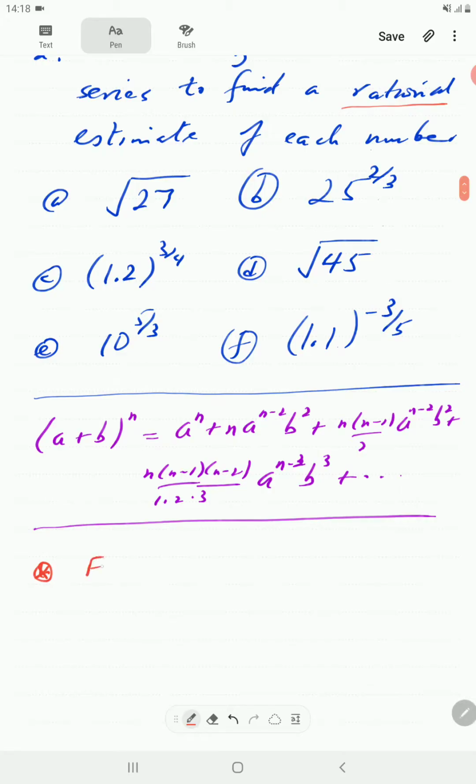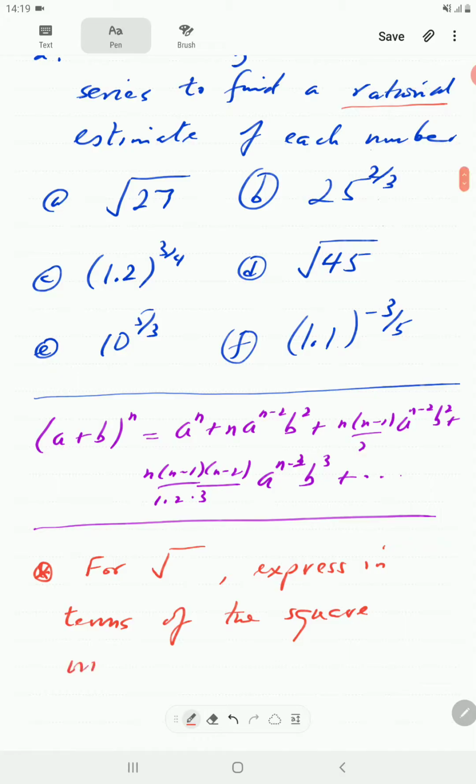For square roots, for instance, we are going to have to express our value in terms of the square number closest to our value.